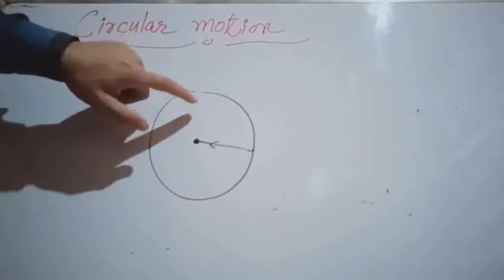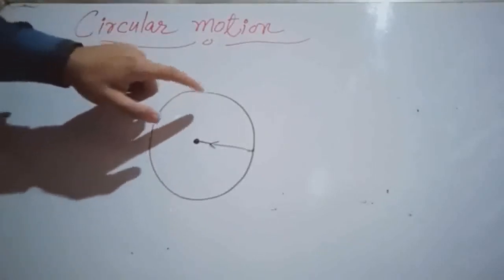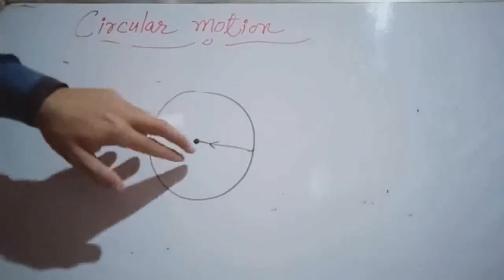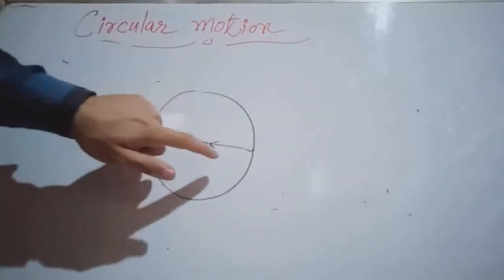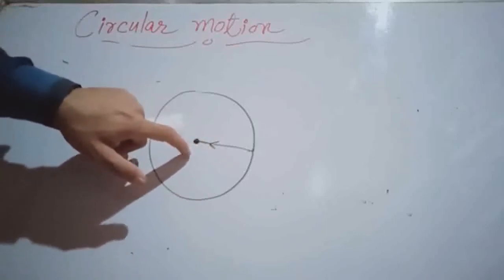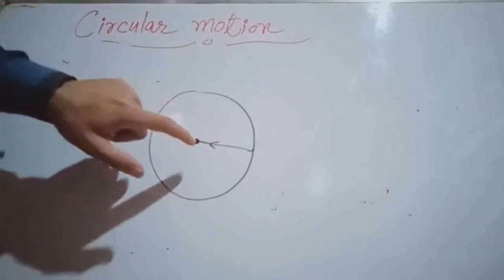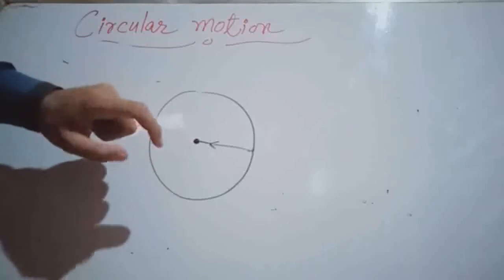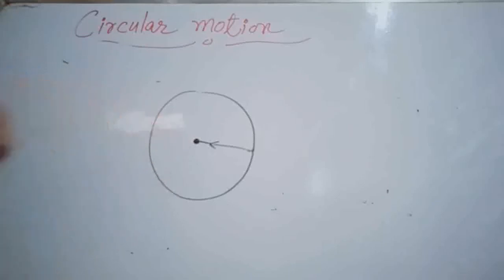Until the body remains in its circular path, this means that a special type of force is acting towards the center, and that type of force is called centripetal force.